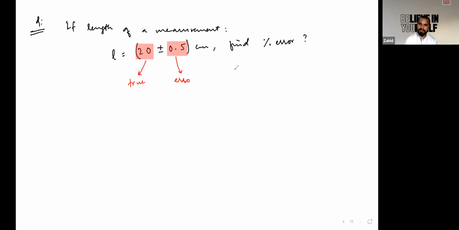To find percentage error in this length, it should be equal to error divided by its true value multiplied by 100. Just put all the values and simplify it.